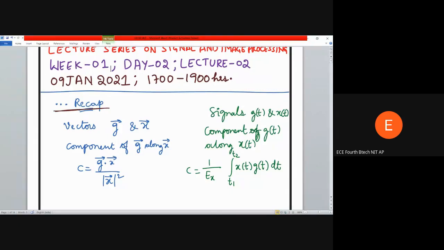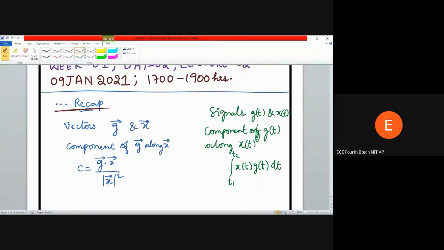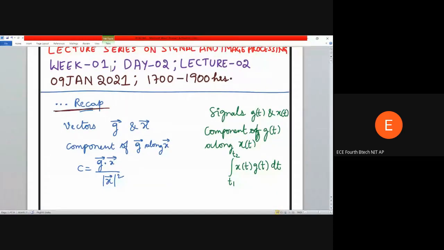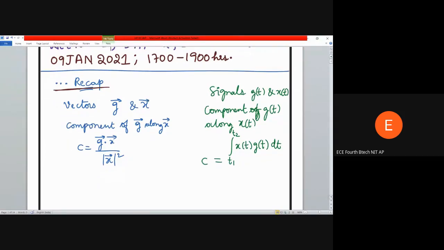If you would like to fix more specifically the interval, then I can write this as c is equal to 1 divided by integral t1 to t2 x square of t dt. Actually, this is what we have defined in the last class.